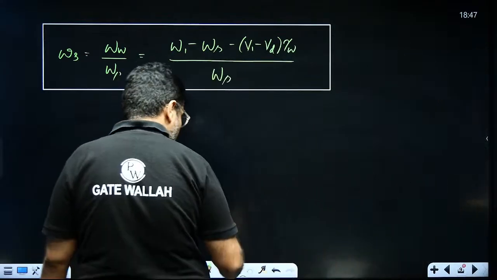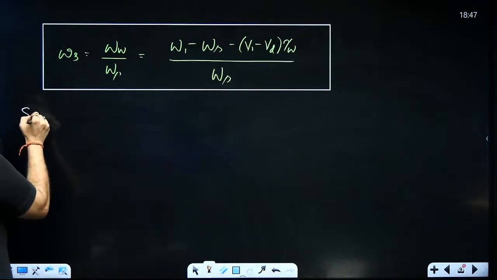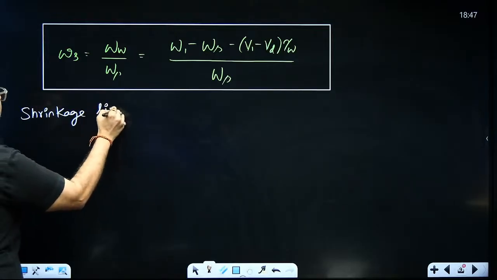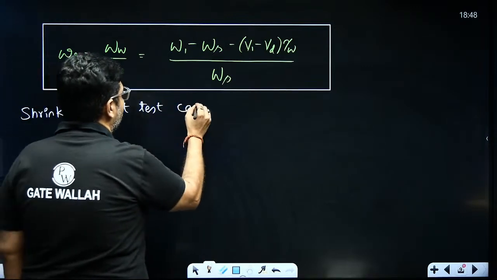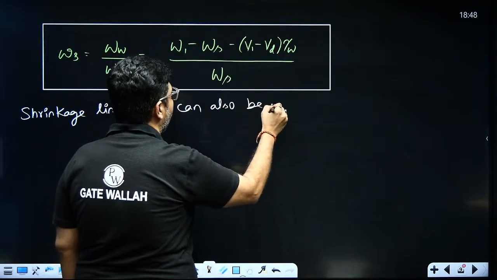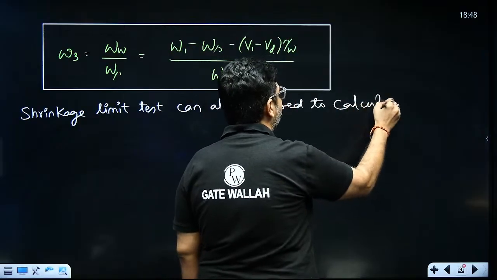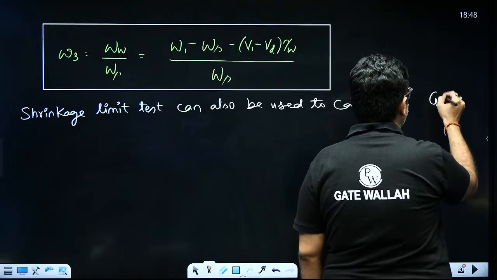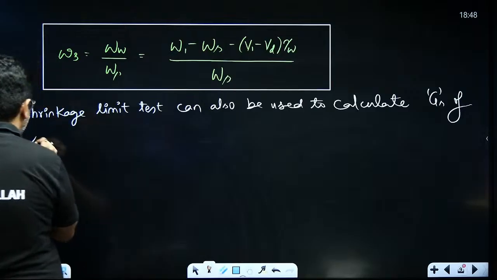Shrinkage limit test can also be used to calculate GS of soil solids, that is specific gravity of soil solids. How? Let's see.